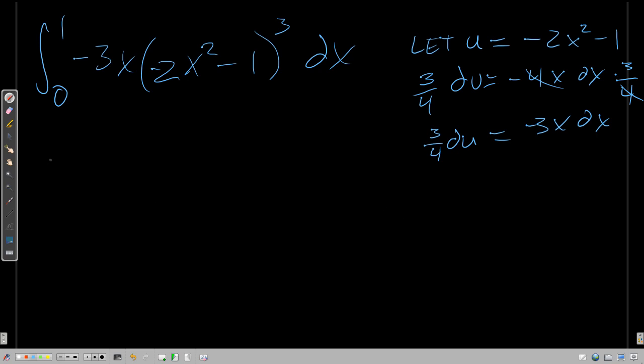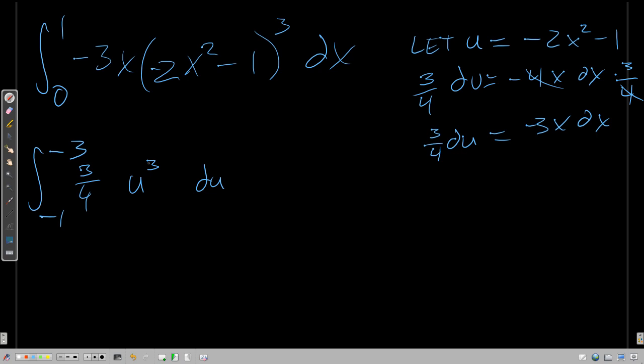Okay. Then what are my new limits of integration? Take the 0, put it here for x, and you just get -1. Take the 1 and put it here for x, and you get -3. And when I do my substitution, this would be 3/4 du, and it's u cubed. Okay?